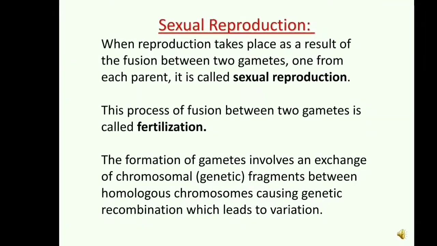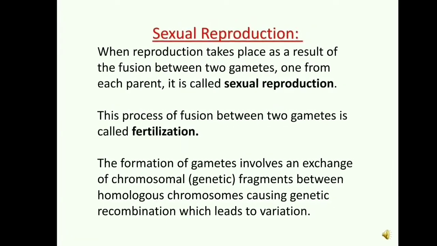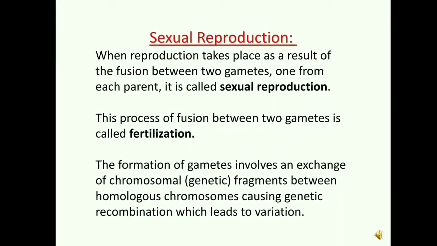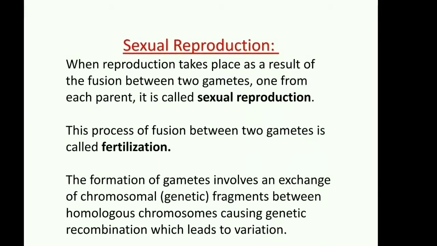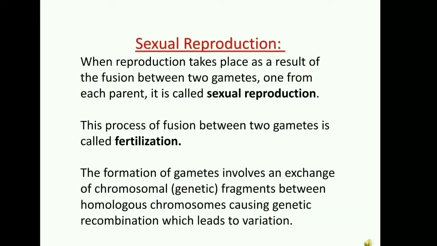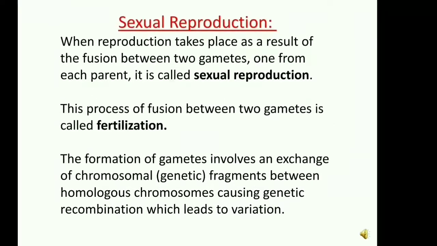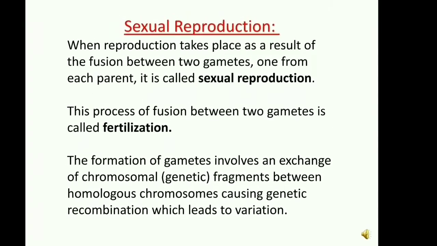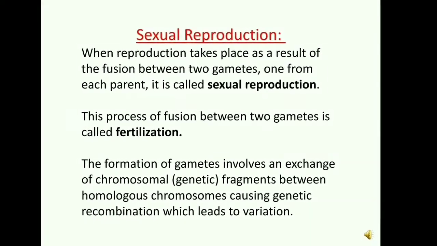The process of fusion between two gametes is called fertilization. The formation of gametes involves an exchange of chromosomal genetic fragments between homologous chromosomes, causing genetic recombination which leads to variations.